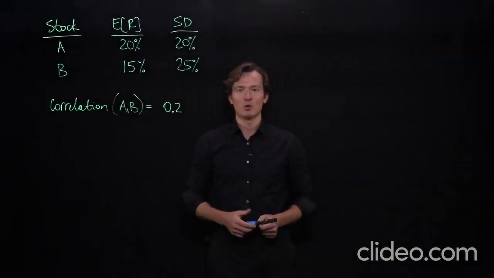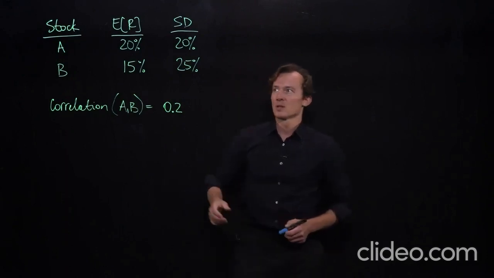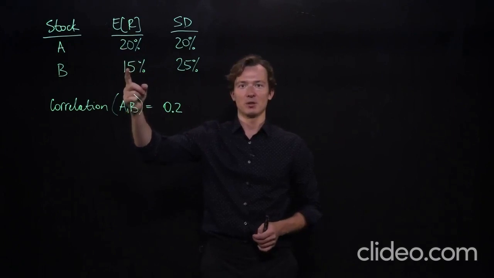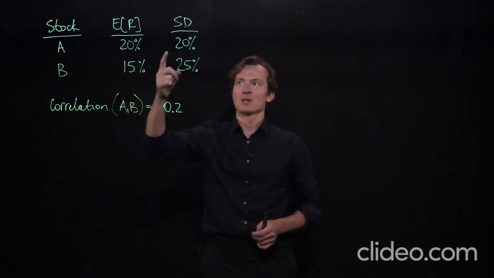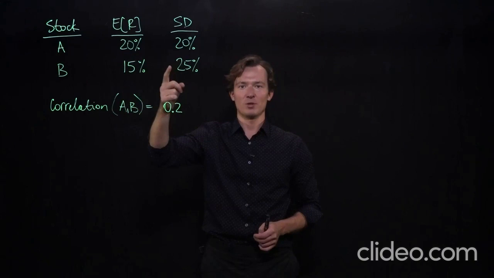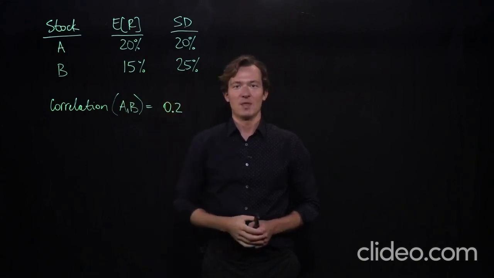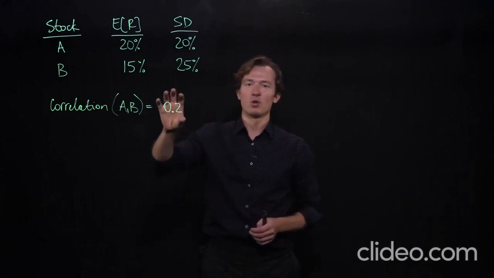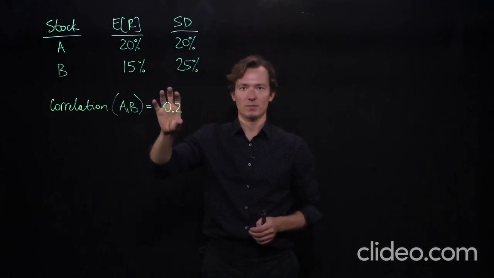In this question, we're given two stocks, stock A and stock B, with the following properties. Stock A has an expected return of 20%, stock B has an expected return of 15%. Standard deviations are 20% and 25% respectively. The correlation between the returns on stock A and stock B is 0.2 or 20%.